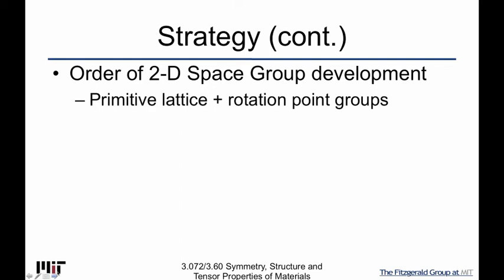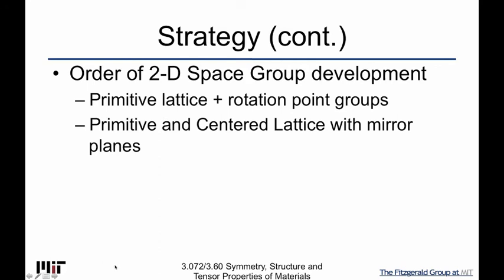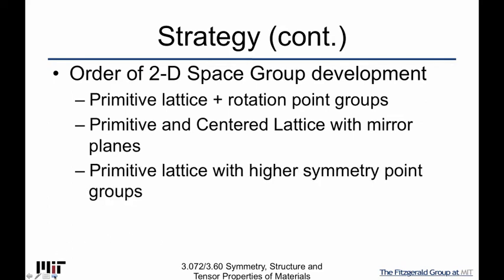Then we will add the mirror plane, which creates unique crystallographic groups when combined with both the primitive lattice and the centered lattice. The primitive lattice with higher symmetry point groups means taking the primitive lattice and then adding 2mm, 4mm, etc.